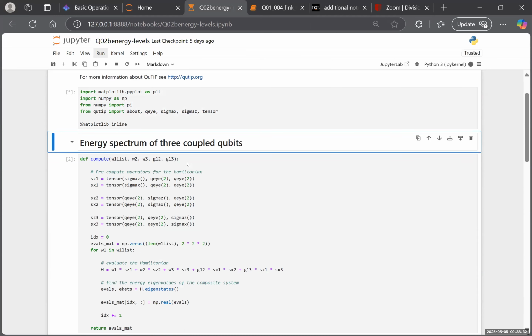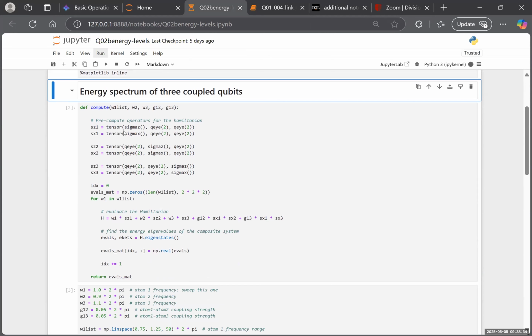Okay, so this here is about the energy levels of 3 coupled qubits. There's qubit 1, qubit 2, qubit 3. So in order to put them together into a 3 qubit system, you have to use tensor product, or Kronecker product in Mathematica.